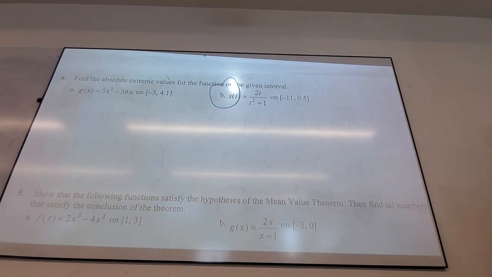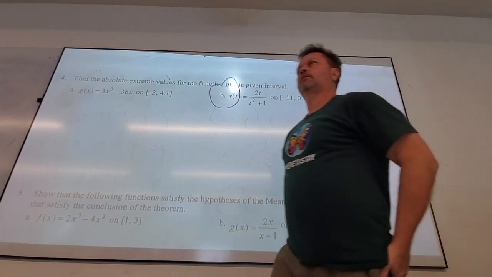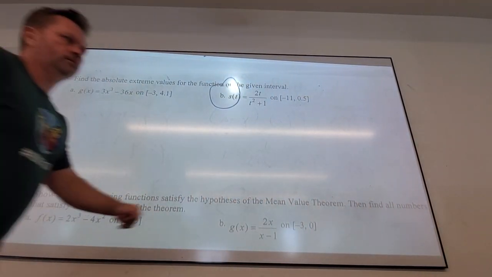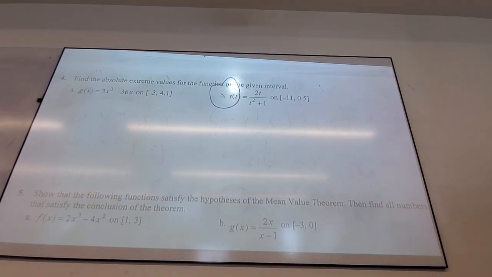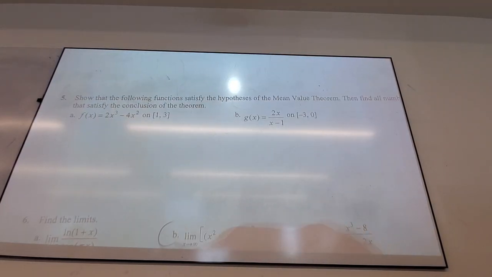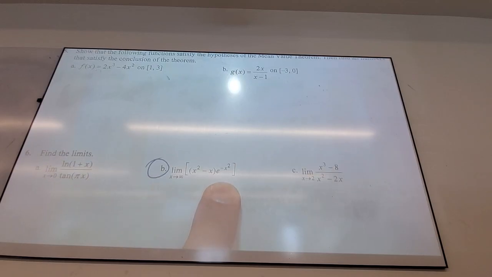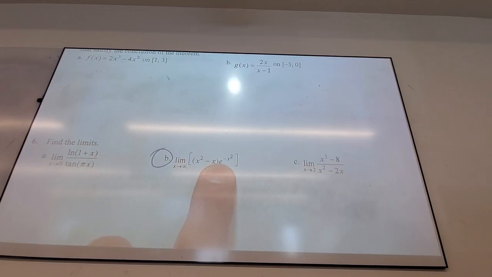Okay. And then maybe 6B, just because it has that e to the negative x. I think we talked about that last time, didn't we? Yeah, pretty sure we talked about it. I've done it a few times, but every time I get stuck. Gotcha.